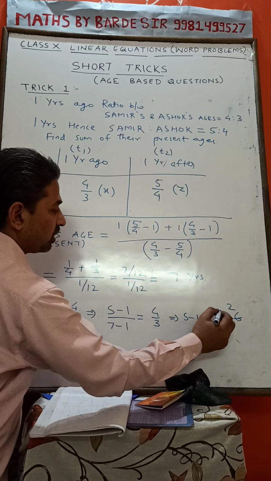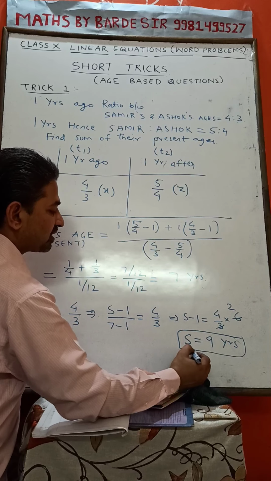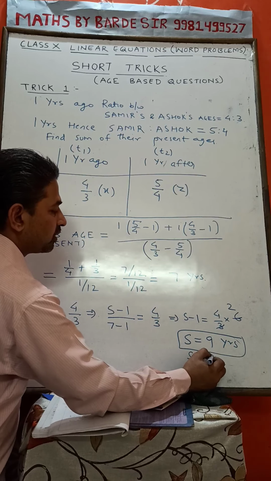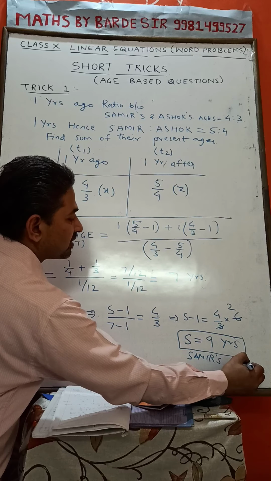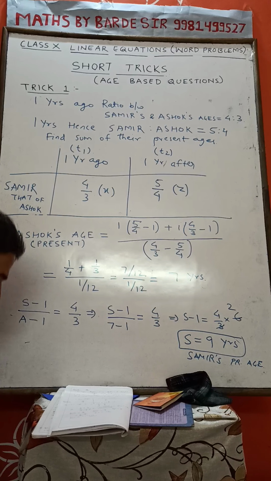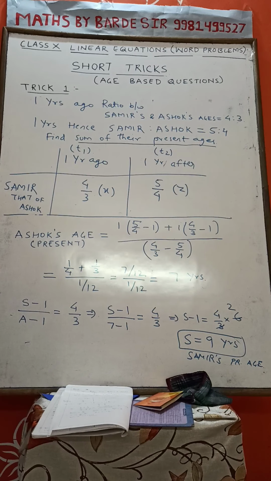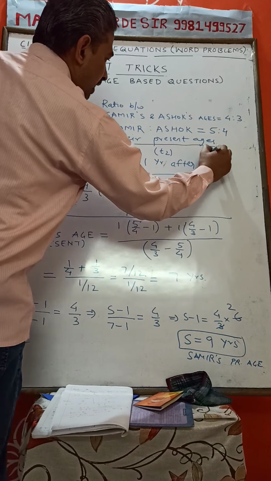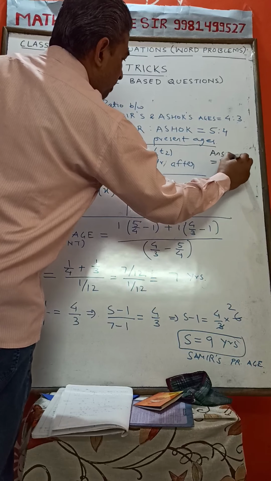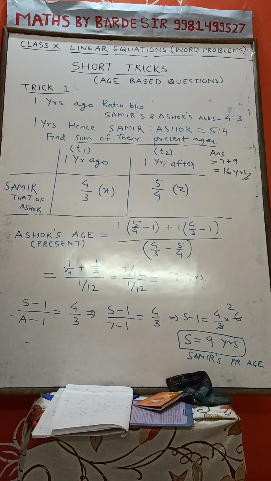So S is equal to 8 plus 1, 9 years. This is Samir's present age. This is a very important trick. Now we have to find the sum of their present ages: 7 plus 9, that is 16 years is the answer.